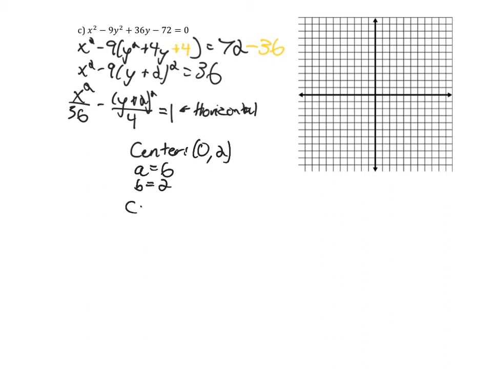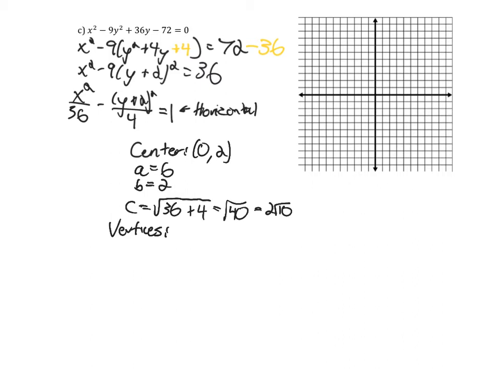C is going to be equal to root 36 plus 4, which equals root 40, which equals 2 root 10. Okay. So my vertices are going to be 6 units, since this is horizontal, 6 units to the right and 6 units to the left of the center.